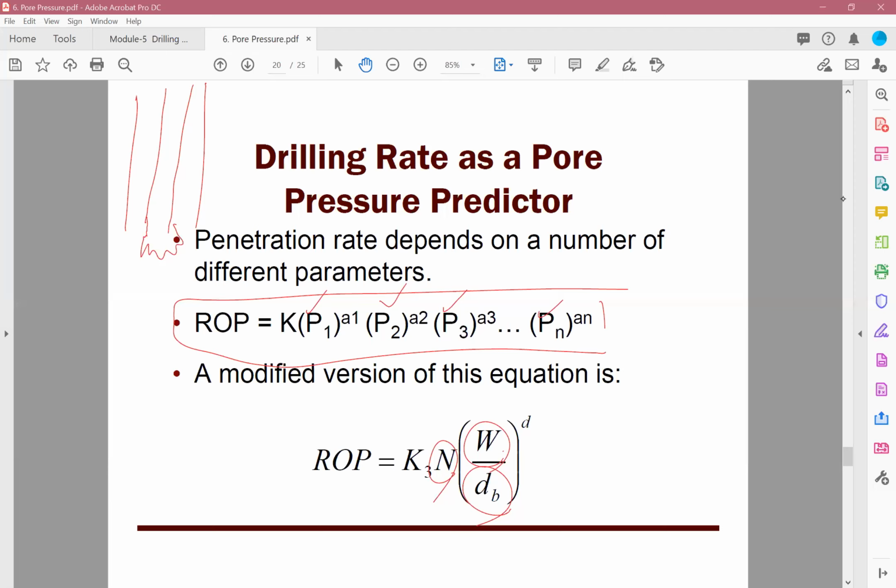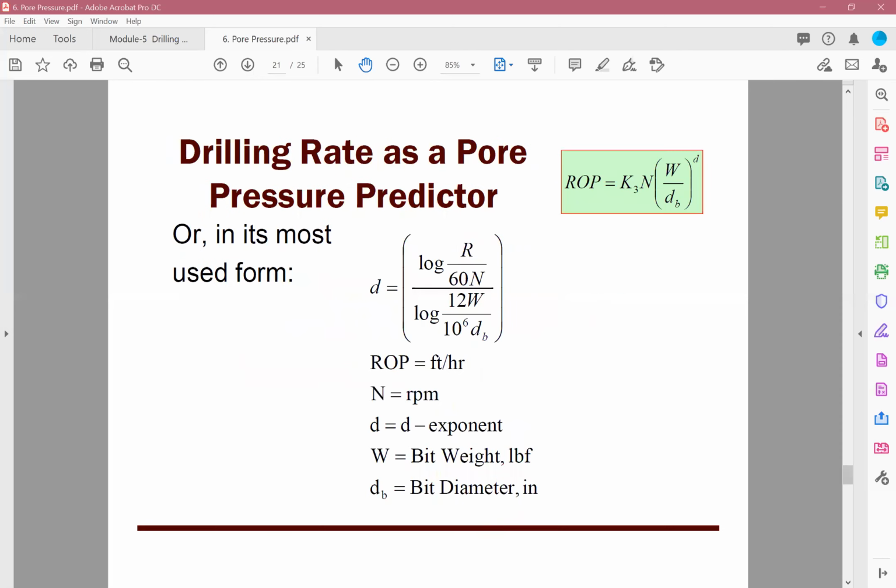The compaction, the depth at which you are drilling, the porosity of your formation, all these factors that you also mentioned play a role. But they came up with this equation for your drilling, where K is a constant, R is the ROP, rate of penetration, N is the RPM, which is how fast you're rotating your drill string system, W is how much weight is on your bit, dB is the diameter of your bit, and d is called the d exponent.